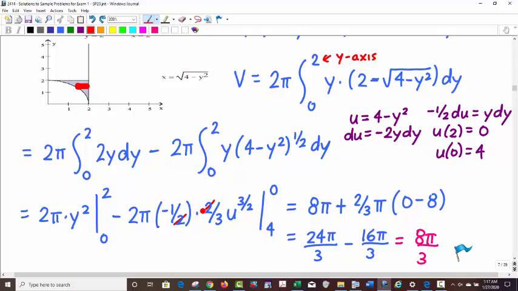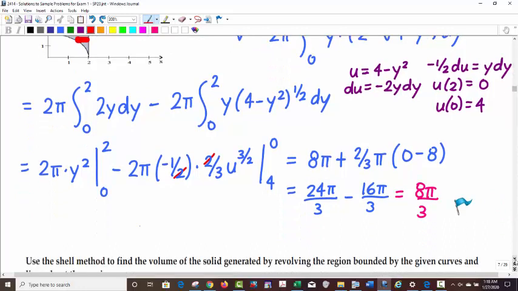So essentially these 2's cancel, the negatives cancel. You have 2 pi over 3, and then 0 to the 3/2 is 0, 4 to the 3/2 is 8, so that's going to be subtraction. So it's 24 pi over 3 minus 16 pi over 3, which will equal 8 pi over 3.